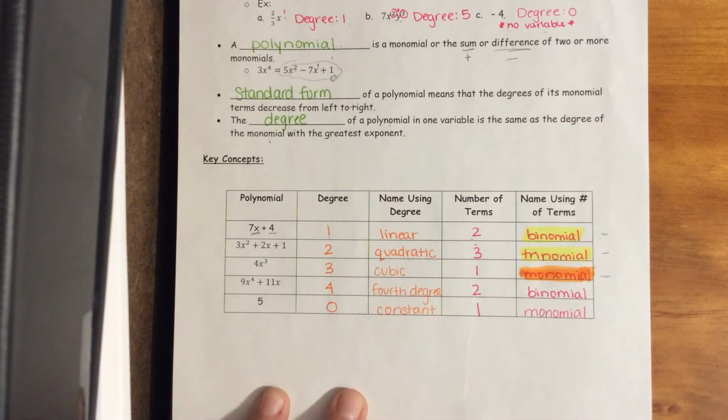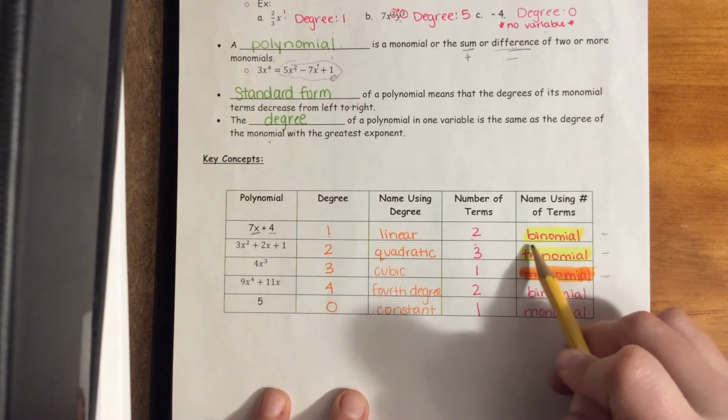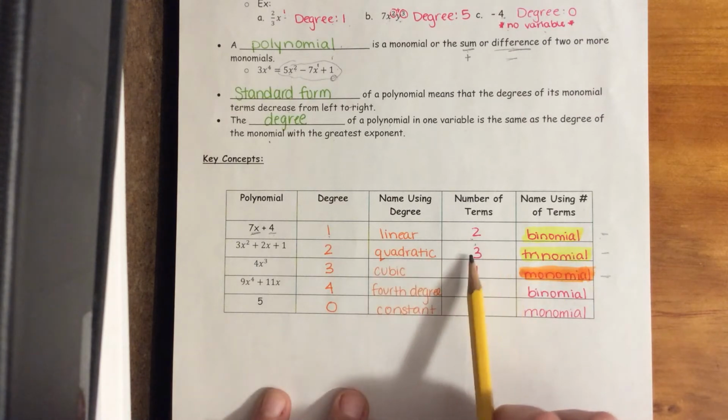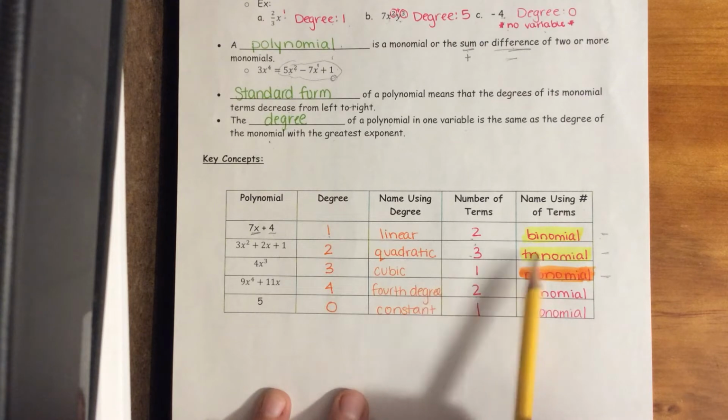Monomial, binomial, and trinomial. So mono means 1. Bi means 2. So binomial. Trinomial means 3. So tri means 3. And you can see that our second polynomial has 3 terms, which is called a trinomial.